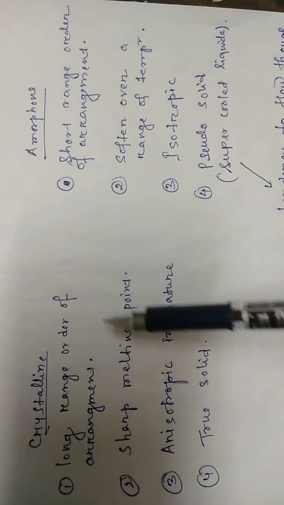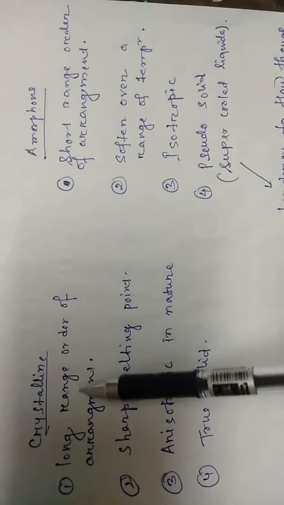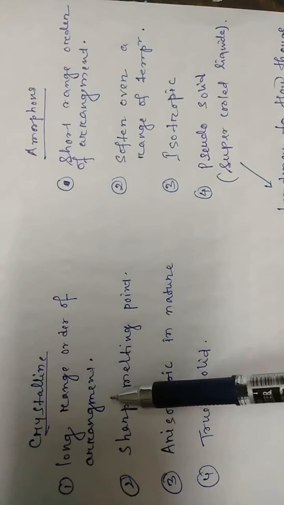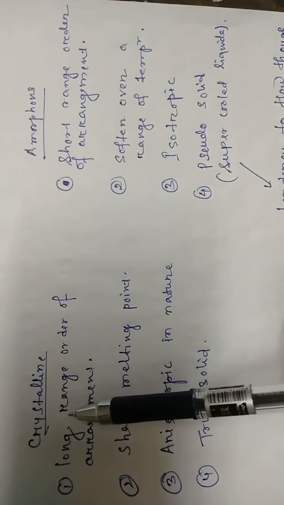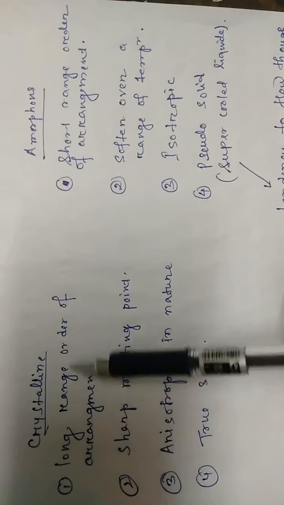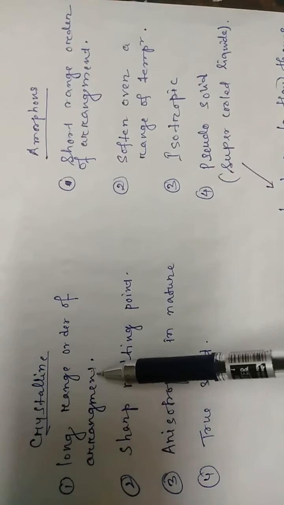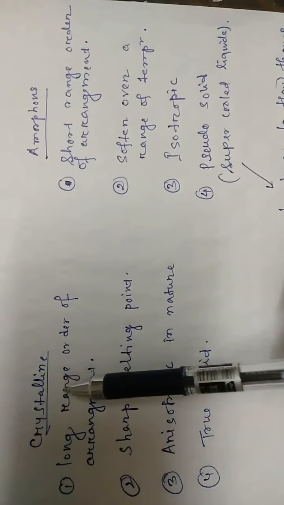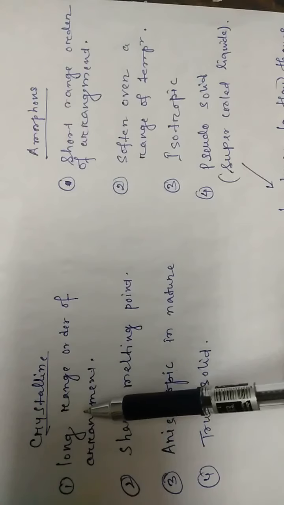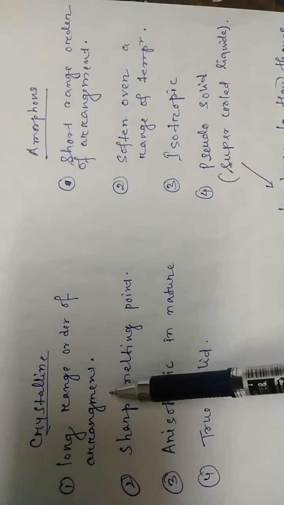At different parts of the solid, when the arrangement of constituent particles is the same, that type of arrangement is called long range order of arrangement or regular arrangement.